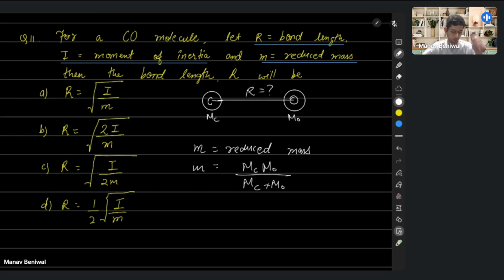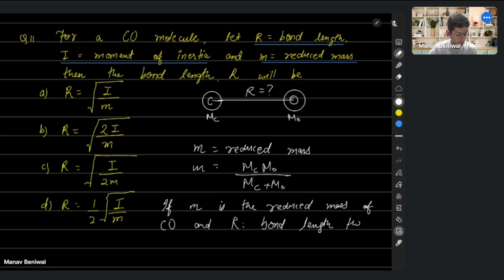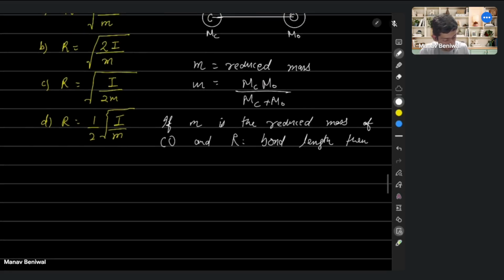Okay, good. So now we know that if M is the reduced mass of CO and R is equal to bond length, then moment of inertia I is given as M R squared.